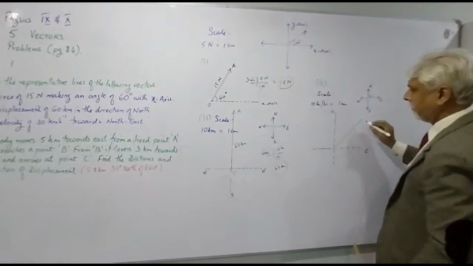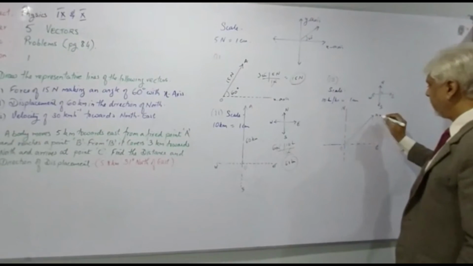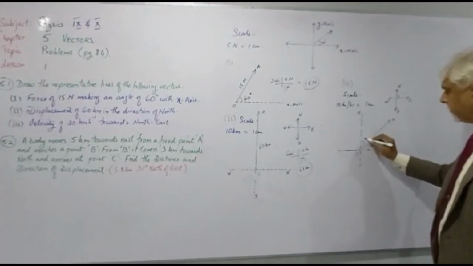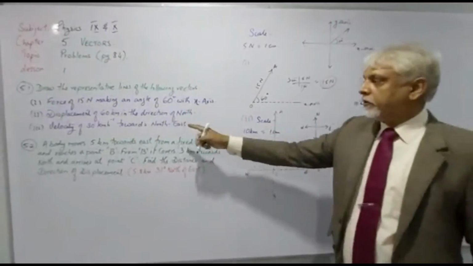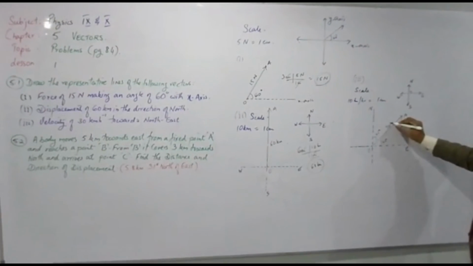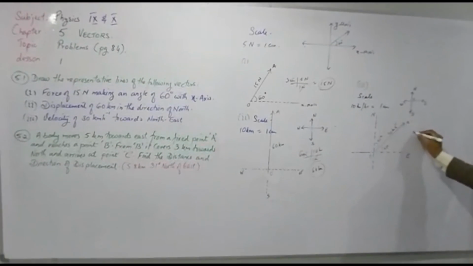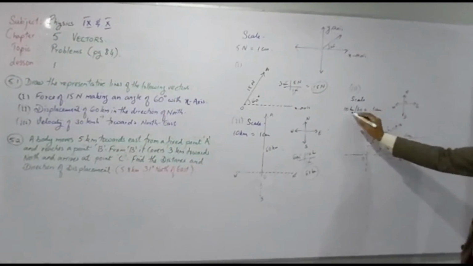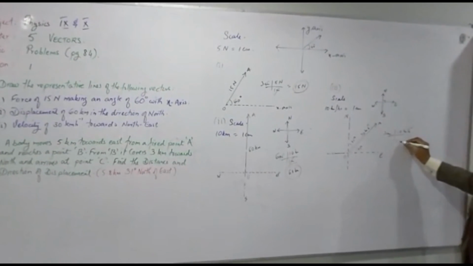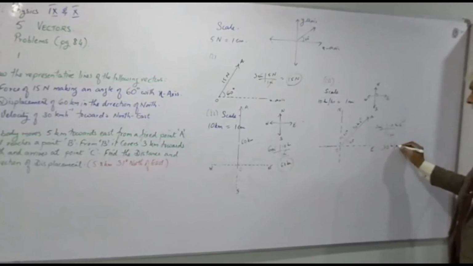Okay, so yeah, this is O to A, and you can see it's exactly in the center, 45 and 45. So this is a velocity of 30 kilometers per hour, a 3 centimeter line. If I convert 3 centimeters, taking the scale as 10 kilometers per hour for 1 centimeter, 3 times 10 will give you 30 kilometers per hour.